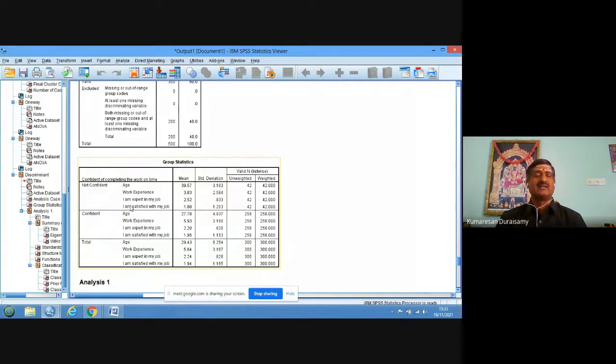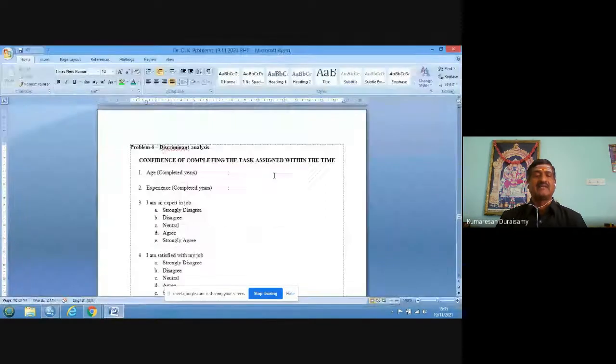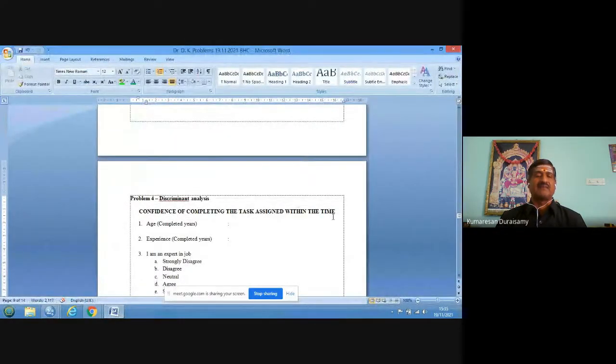Out of them, 42 are not confident and 258 are confident. 42 employees are not confident that they can complete the task within the specified time.